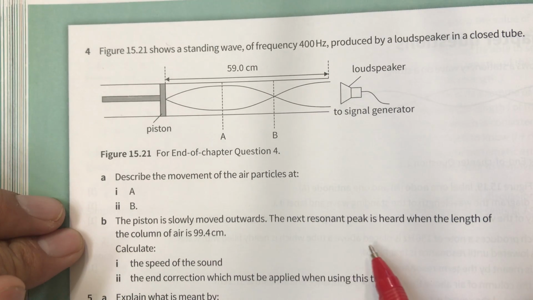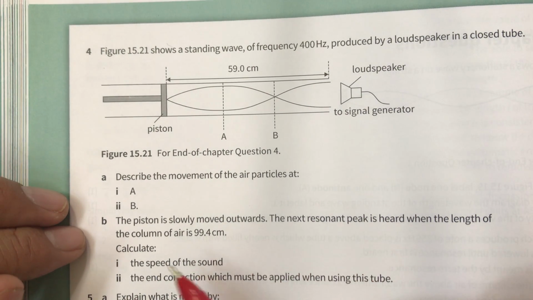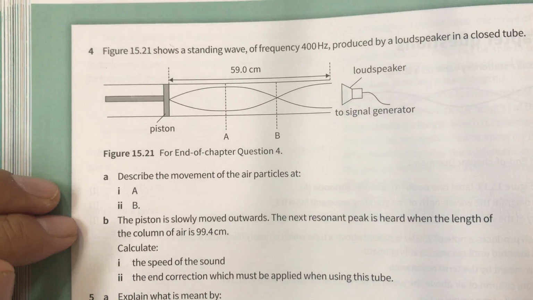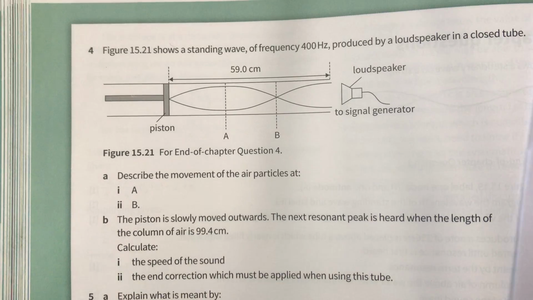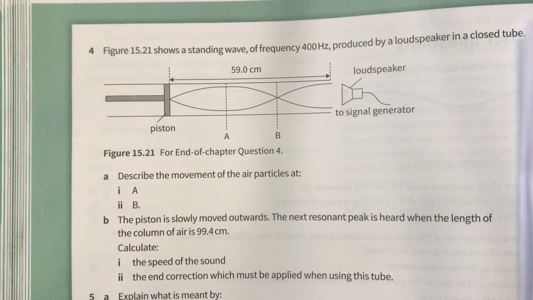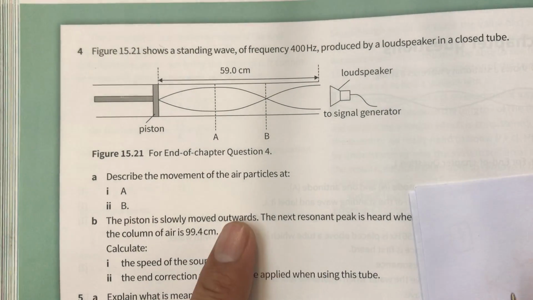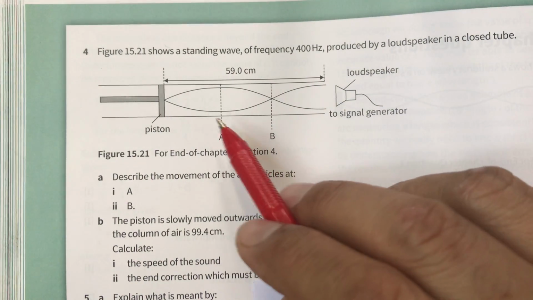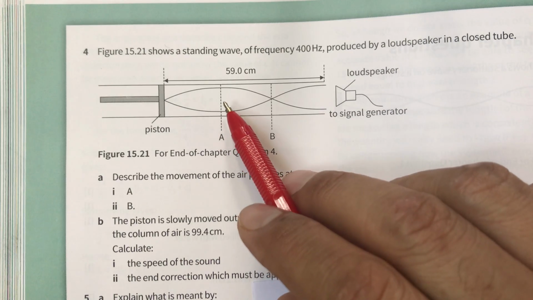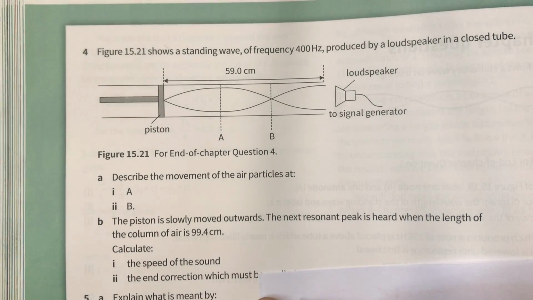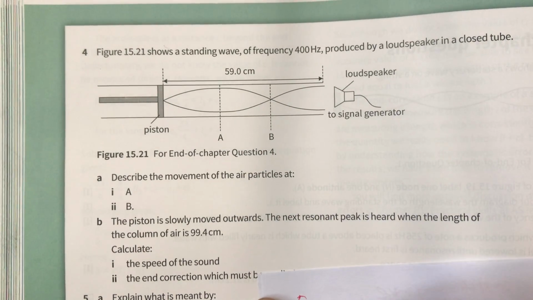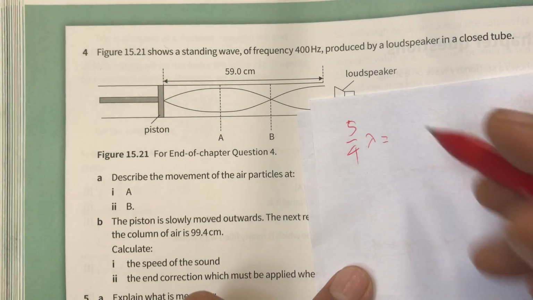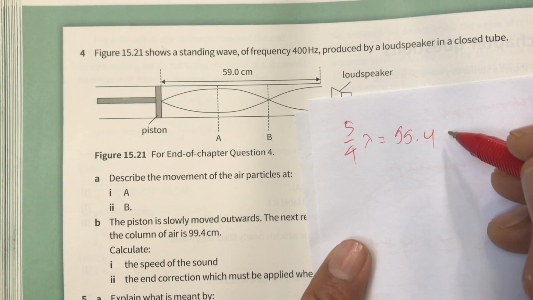The next resonance peak is heard when the length of the air column is 99.4 centimeter. So for the next resonance, this is 5/4 lambda equals 99.4 centimeter.